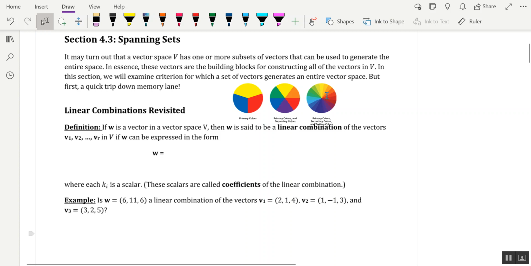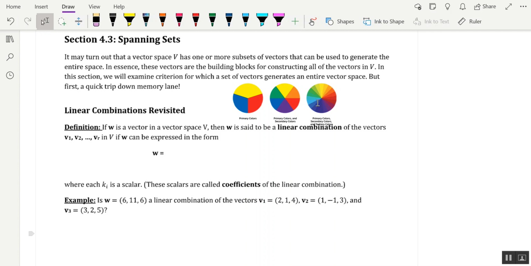And you can think of the tertiary and secondary color wheels here as some sort of span of the primary colors. That is, as we form different mixtures using different amounts of these primary colors, we create more and more colors, to get a finer tuned color wheel.